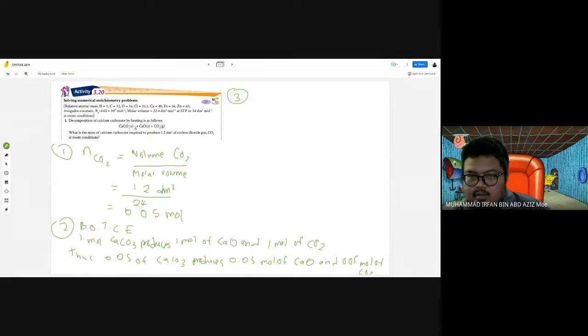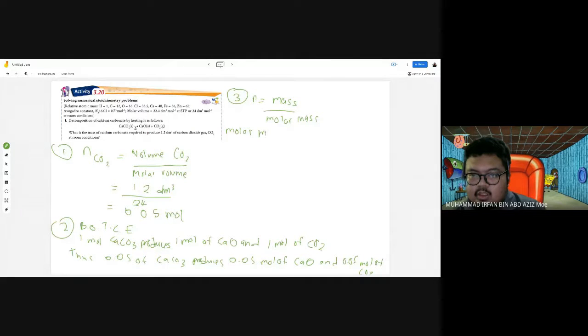N, molar mass, correct? So use the formula n is equal to mass over molar mass. Ni for CaCO3 lah. So find dulu molar mass for CaCO3.